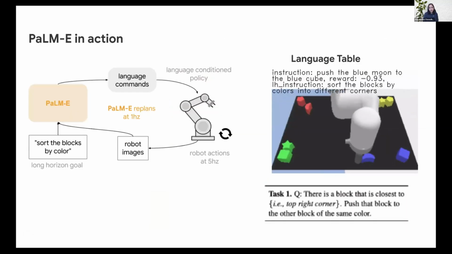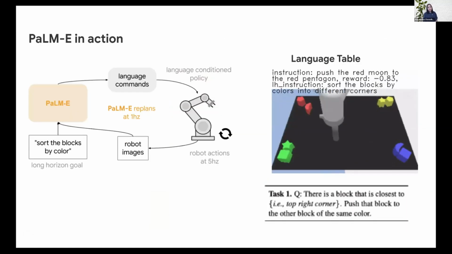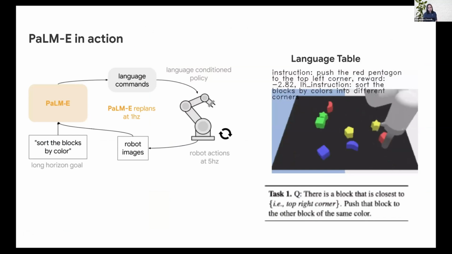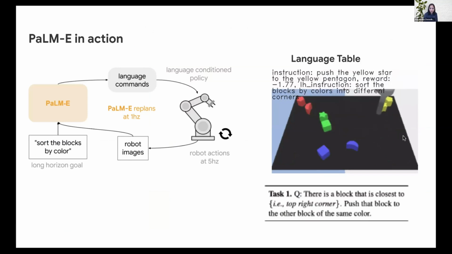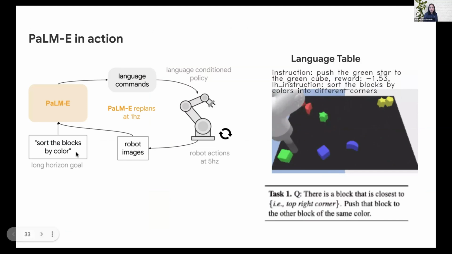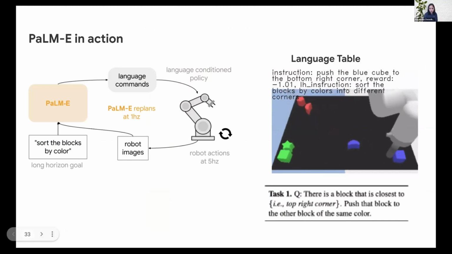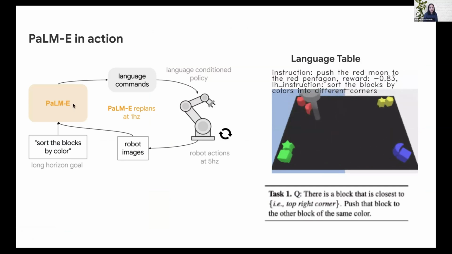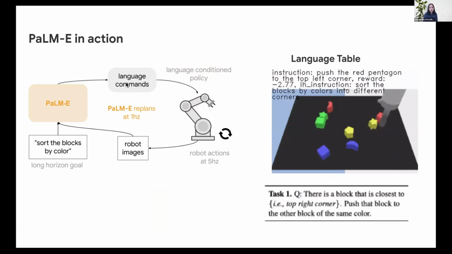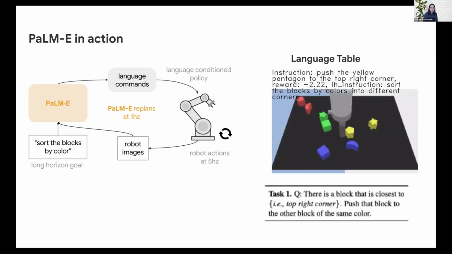What is really happening in this case is that PALM-E is getting a long horizon goal. So in the language table environment, you have a lot of these colored blocks, and the model is getting an instruction such as sort the blocks by color. It is supposed to sort the blocks by color, and it will generate these language commands. And there's another model which is converting it to a set of actions.